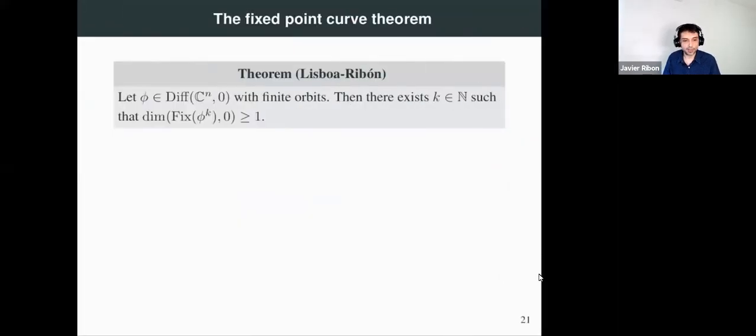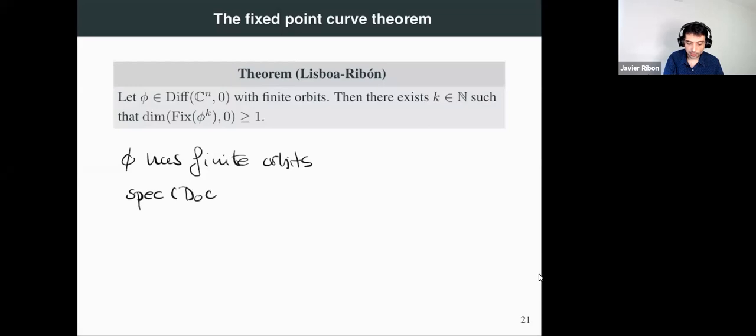Okay, here we are. So we saw in the previous slide an example of a diffeomorphism in dimension 2 that has finite orbits, and such that it has one eigenvalue equal to 1 and another of modulus 1 but not a root of unity. The diffeomorphism is of this kind.